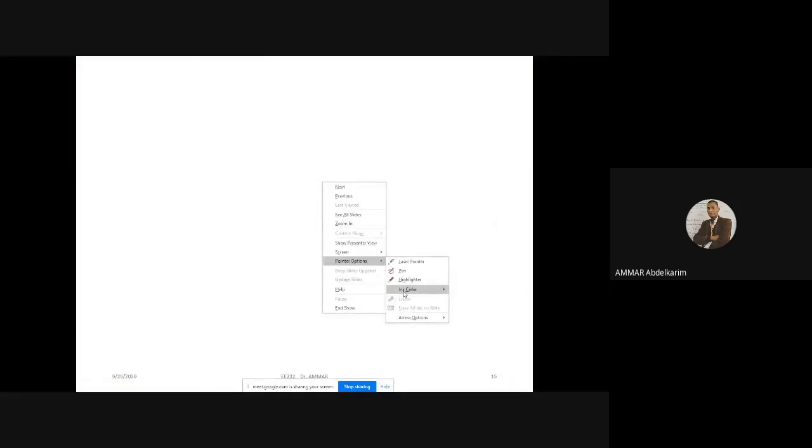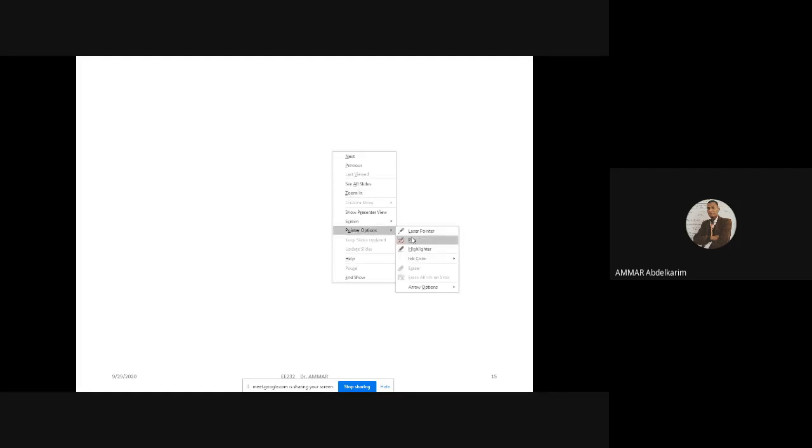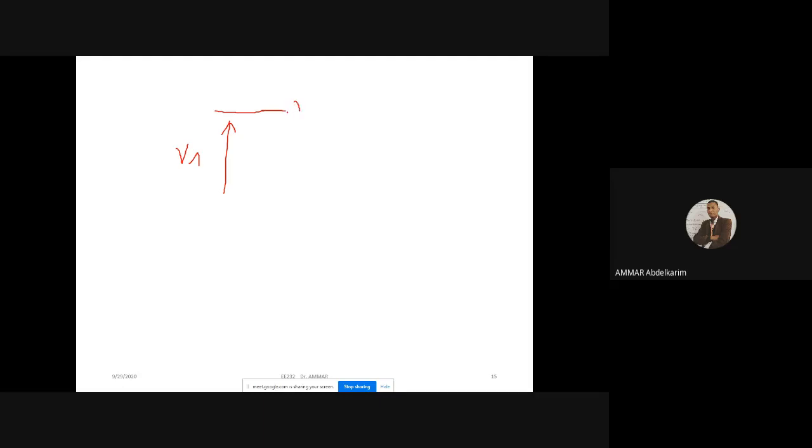So if it's referred to the primary, we have V1, the voltage of the primary, staying the same. We have X equivalent and R equivalent.